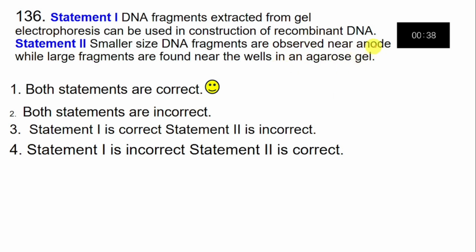The anode is the positively charged electrode. DNA is negatively charged because the backbone has phosphate groups, and phosphate has negative charge. So the smaller negatively charged fragments will definitely move through the agarose sieve and be observed near the anode. The larger ones will have difficulty moving through agarose gel and therefore will be found near the wells.